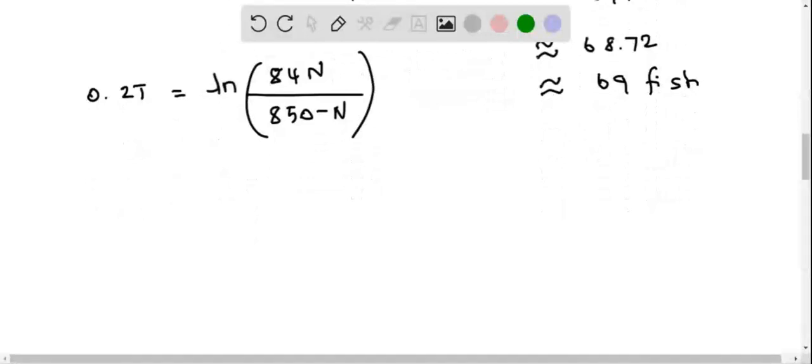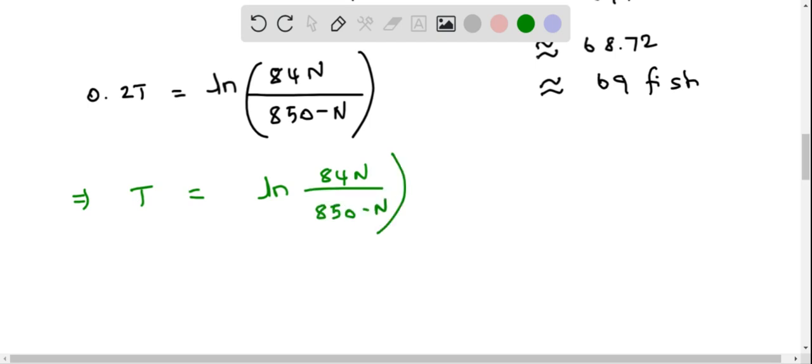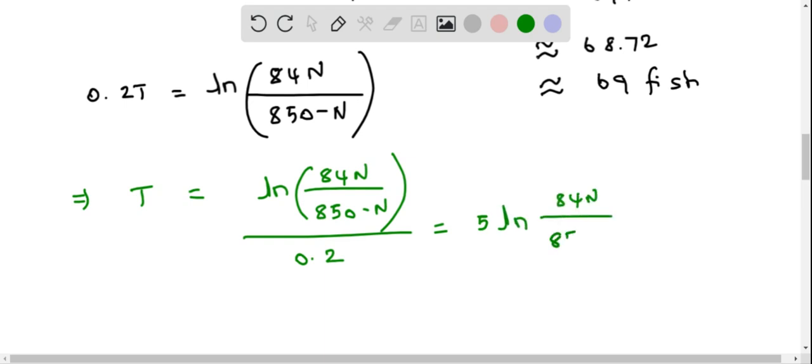So let's continue. We can divide by this 0.2 first so that we just have t by itself on the left side. So t is the natural logarithm of 84n divided by 850 minus n, over 0.2. In fact, dividing by 0.2 is equal to multiplying by 5. So I can write this as 5 times the natural logarithm of 84n over 850 minus n.